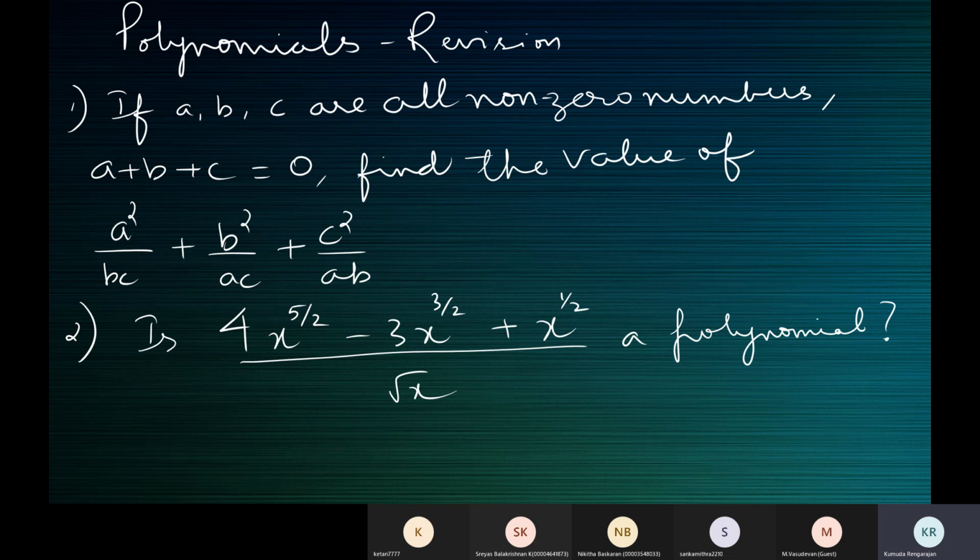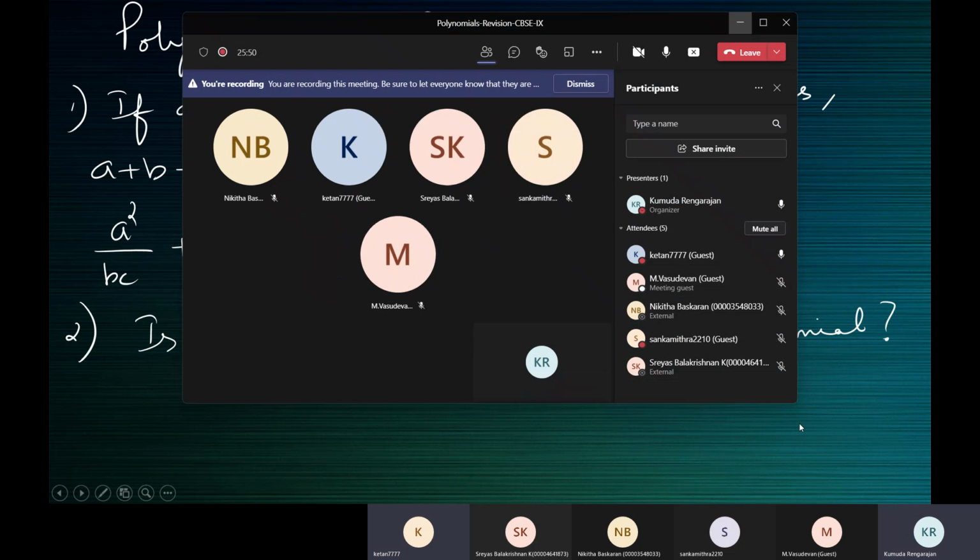Yes, children, is the expression a polynomial? I think it is a polynomial. Okay, it is a polynomial. Okay, good.